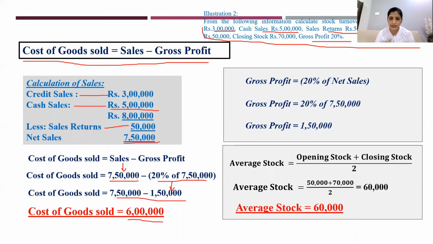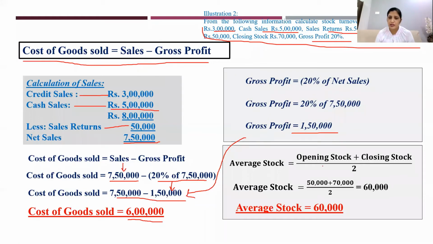All of you have got it, how we have calculated? Gross profit, this calculation I have shown here so that you are very clear. Gross profit, 20% of net sales, 20% of 7,50,000. Gross profit is 1,50,000. Clear?